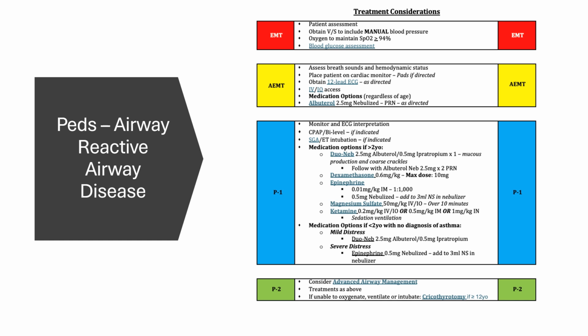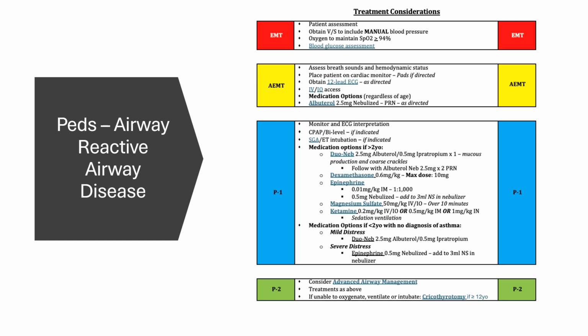Pediatric airway disease. This really isn't any different, to be quite honest with you. If they're greater than 2, we're treating it like asthma. We're going to go down the asthma route. I do have ketamine on there for sedation, okay? If you have a kid on BiPAP or something like that, you may need to calm them down.